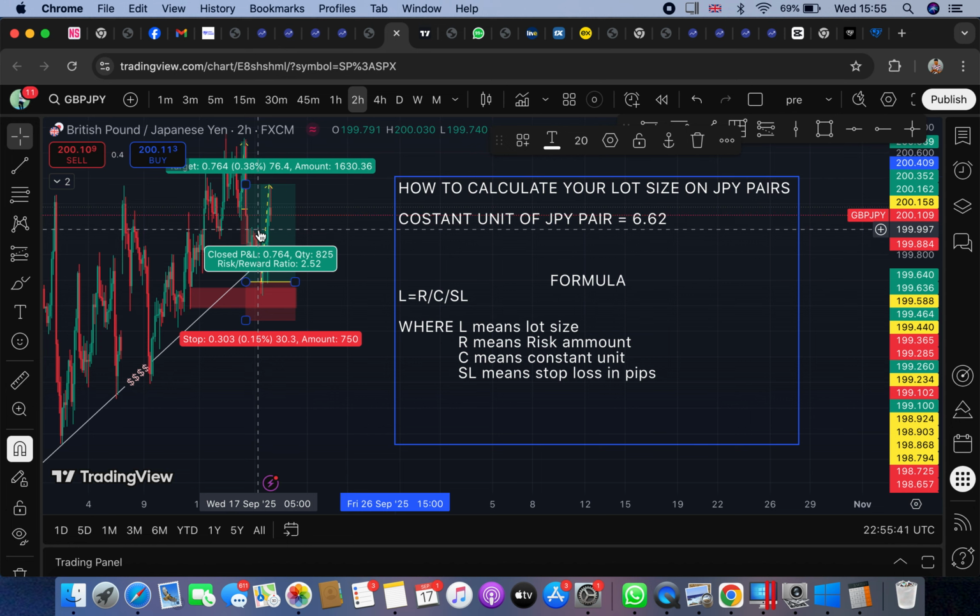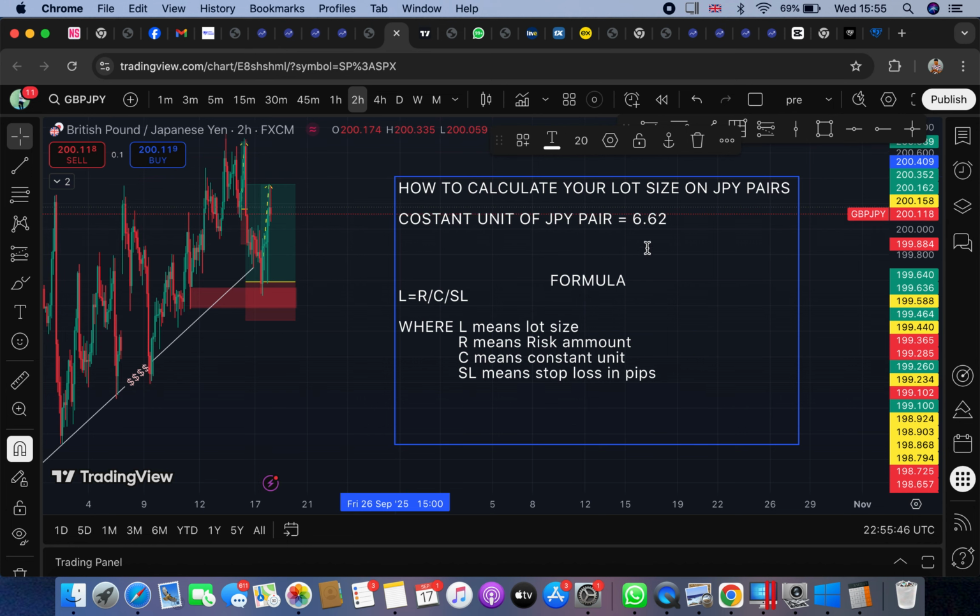This particular tutorial is just on how to calculate your lot size on JPY pairs alone. Any pairs under JPY, like GBP JPY, USD JPY, NZD JPY, AUD JPY, CAD JPY, and the rest of them.